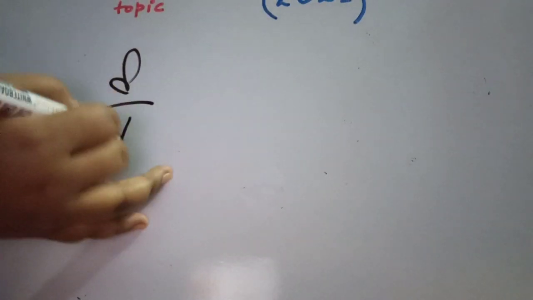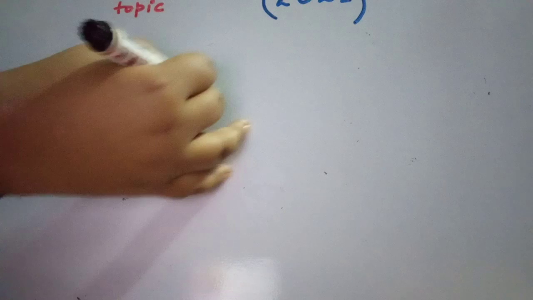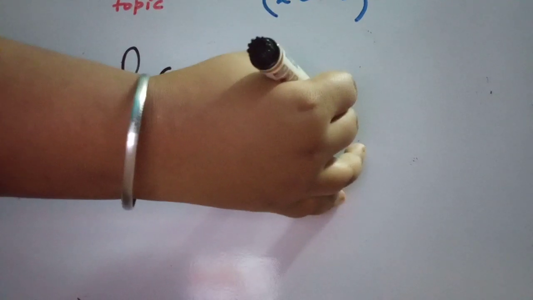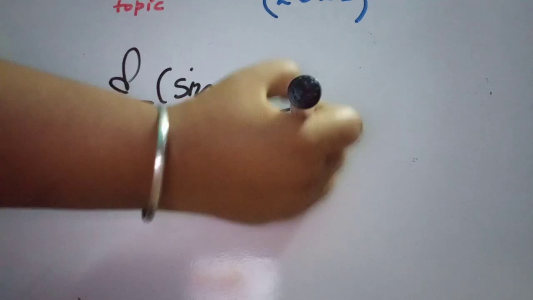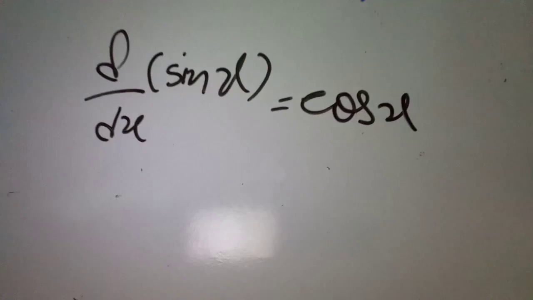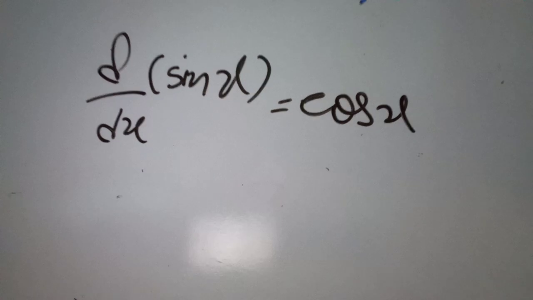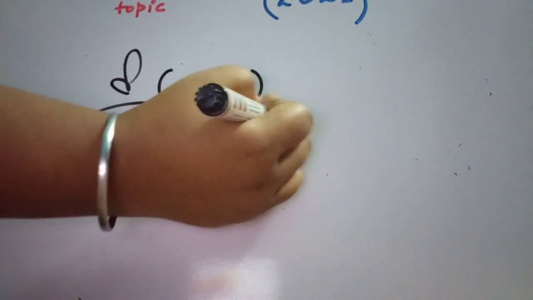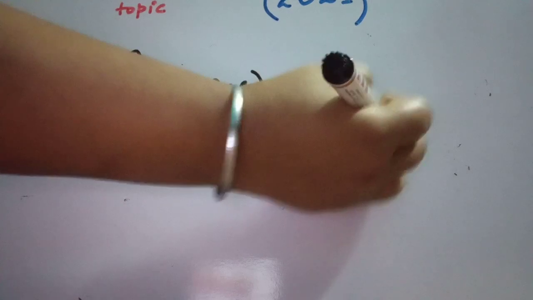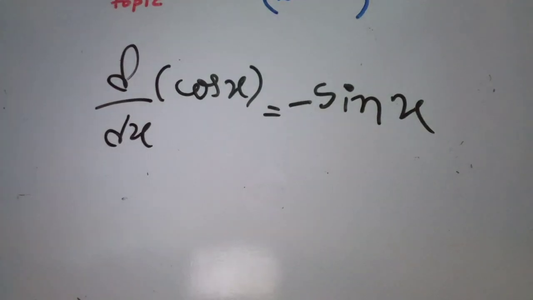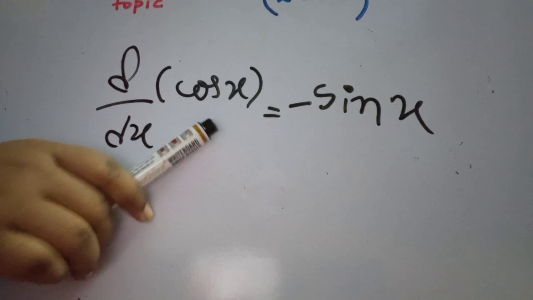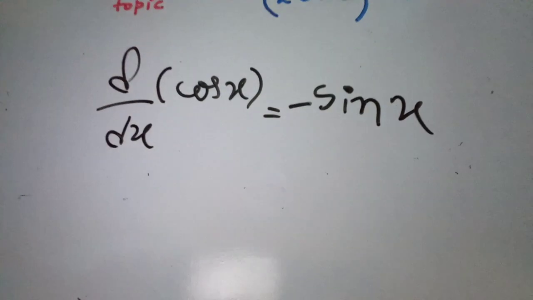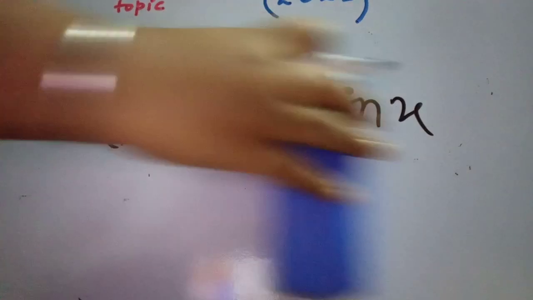So trigonometric functions, see, d by dx of sin x is cos x, only cos x. Got it? Next, d by dx of cos x is minus sin x. If here is sin, then here cos x. If here is cos, then minus sin x. Clear?